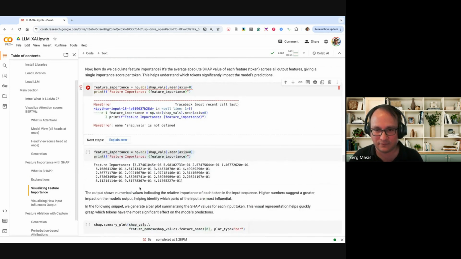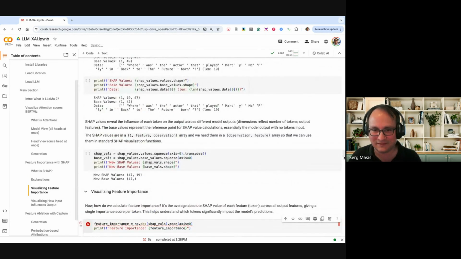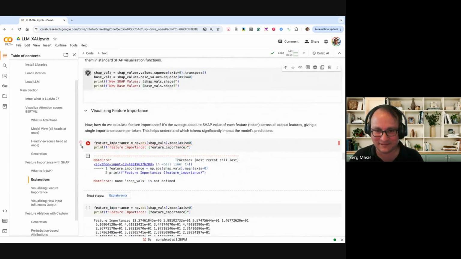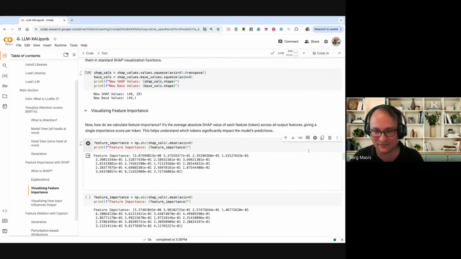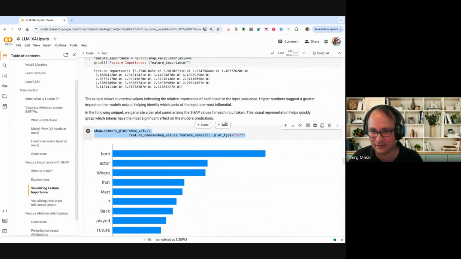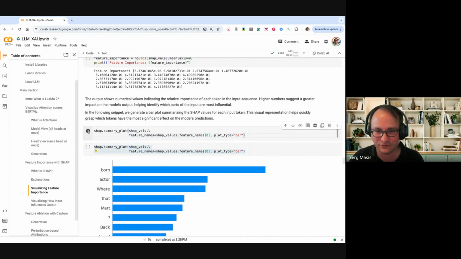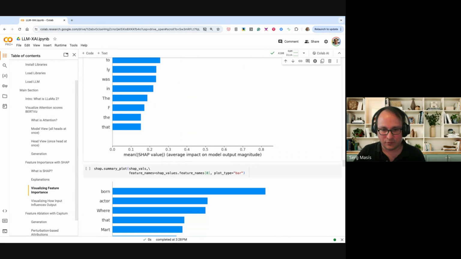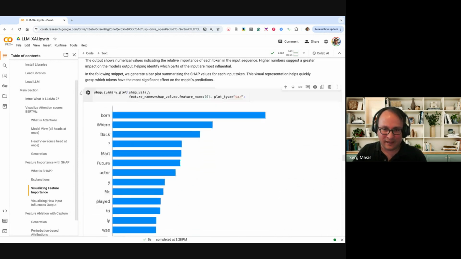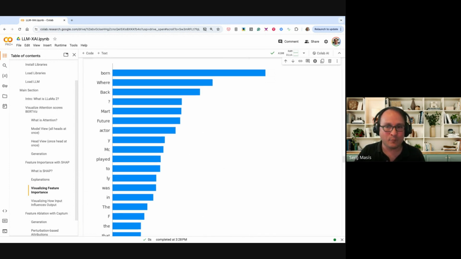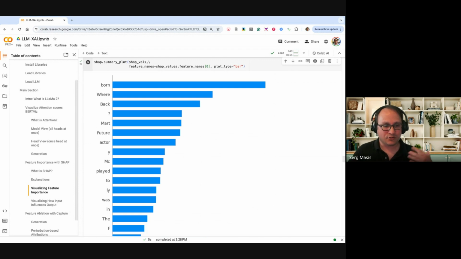So here, ooh, I didn't run this. I guess that's what happens, I start skipping cells. Okay, so I'm running these, and I just want to show you how these things can vary in accordance to the output. Before, actor had a higher importance than it does now, because it's going to depend on the output, which is why it's so important to run this several times.